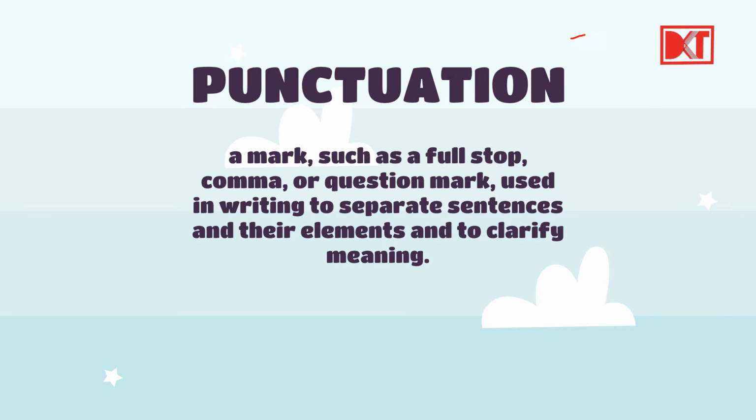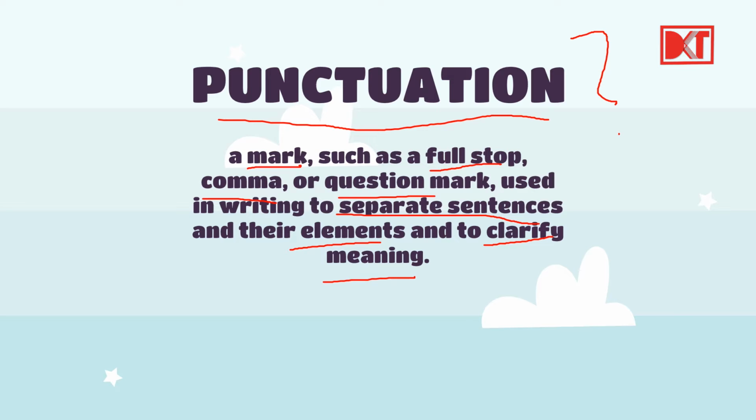Alright, so first we will understand what punctuation really is, its meaning. Now punctuation refers to a mark such as full stop, comma or a question mark used in writing to separate sentences and their elements and to clarify the meaning. So what is punctuation? Punctuation refers to a mark. And what are the examples of such marks?